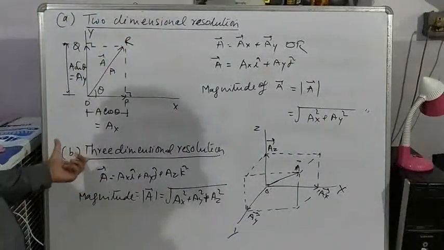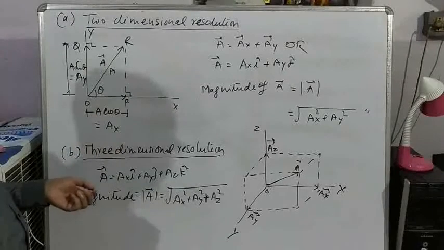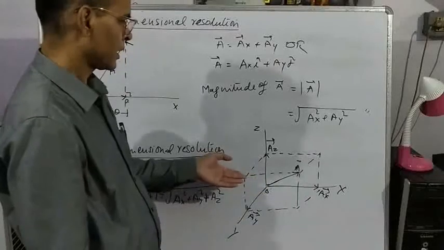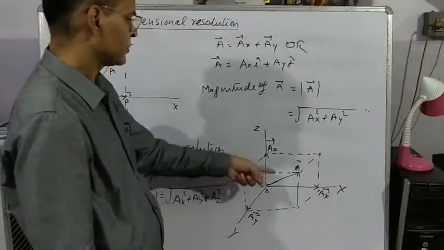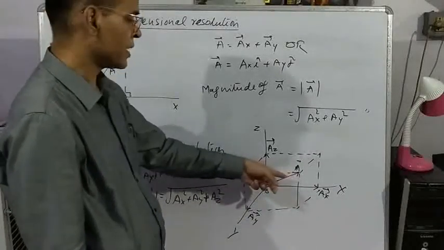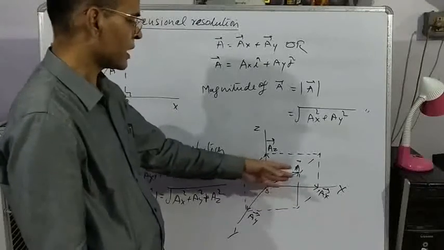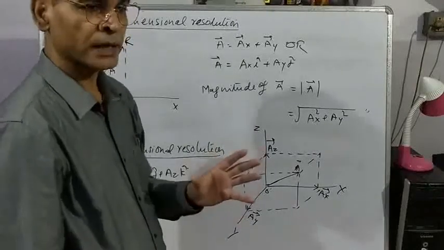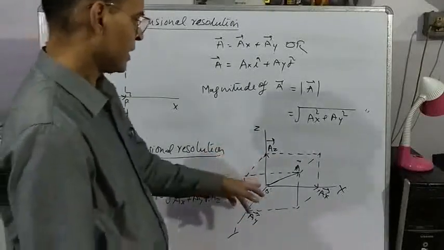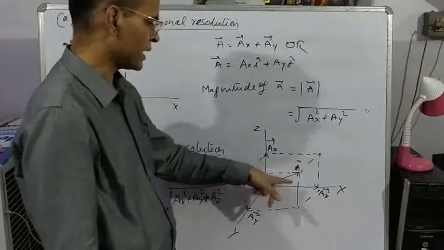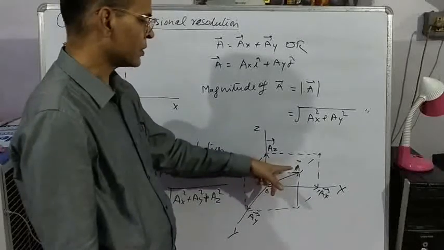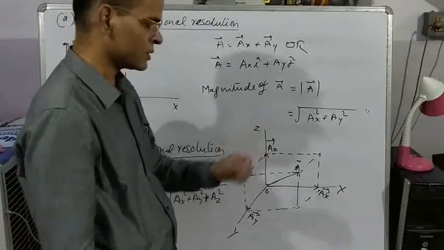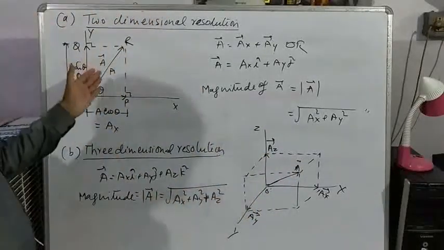Now let us understand three-dimensional resolution. This is resolution in space also, meaning we are going to take components along x-axis, y-axis, z-axis. You think practically: from the head of vector A, you have to draw perpendiculars on x-axis, on y-axis and on z-axis like this.